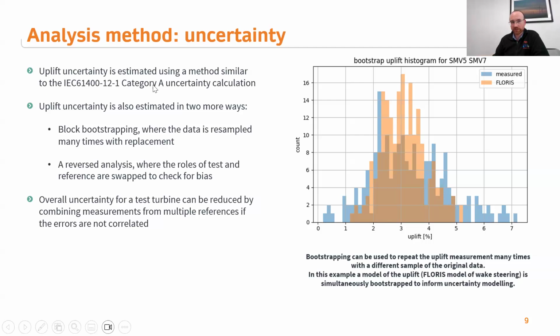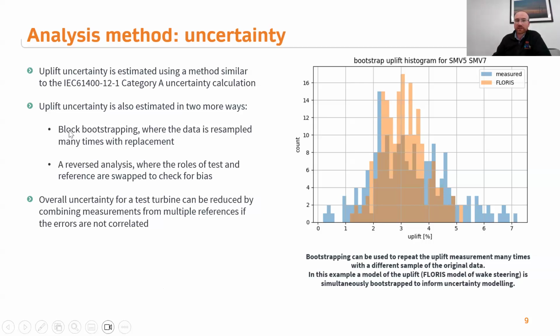So that method is fine, but we found that in a number of cases with turbine side-by-side analysis, that method greatly fails to produce an uncertainty which is high enough, I suppose, is a way to say it.